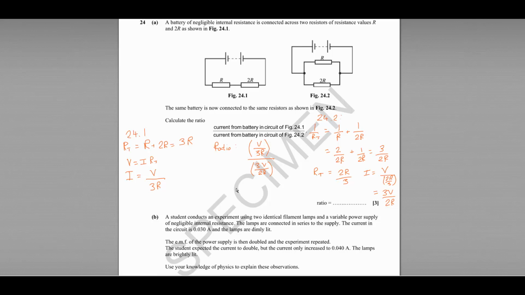And if we now manipulate that equation, we get V times 2R divided by 3V times 3R. The V's cancel, the R's cancel, and that leaves us with 2 divided by 9, which is equal to 0.22.